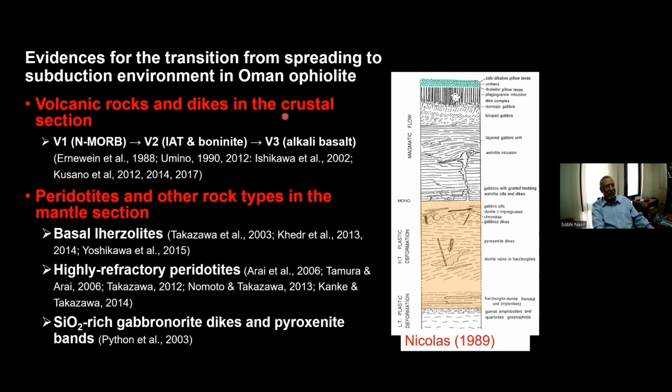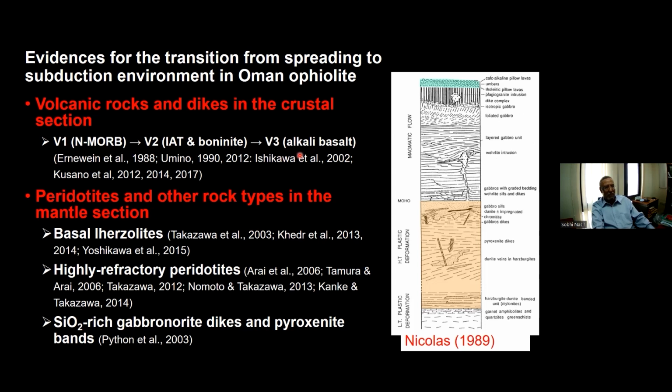As we can see by studying the volcanic rocks and dikes in the crustal sections, we have 3 volcanics. The oldest one is V1, we call it volcanic 1 or Geotimes lava, and the composition is mostly MOR composition. V2 has island arc tholeiite and boninite composition, and V3 is alkali basalt.